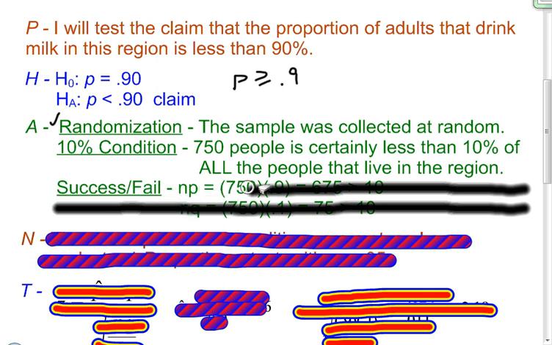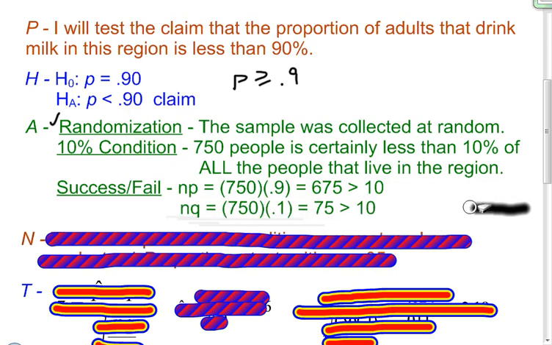And we want to check to see if there are going to be at least 10 successes and 10 failures. So N times P, our sample size times our population proportion, 750 times 0.9 is 675, which is more than 10, and N times Q is also more than 10.